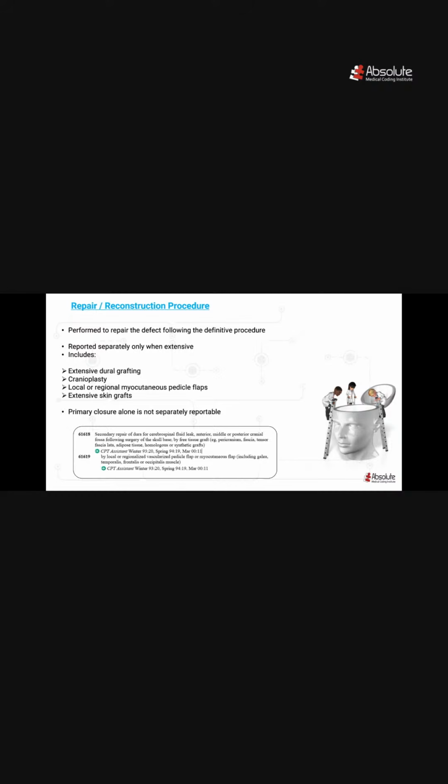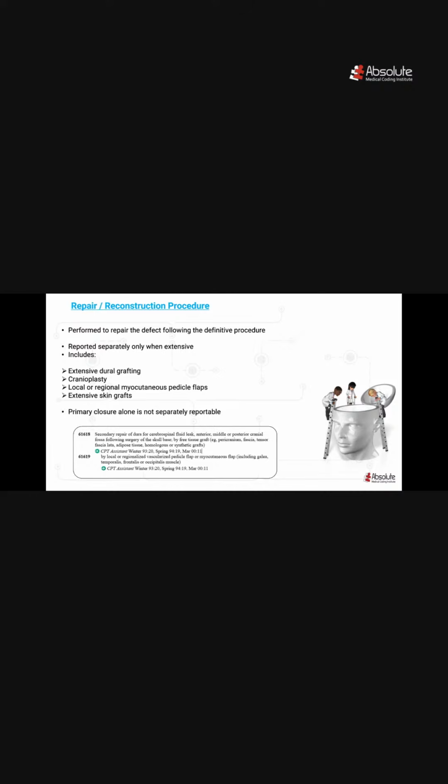And now we move to the final phase of skull base surgery, that is talking about the repair and reconstruction procedures. These procedures are performed to repair the defect that remains after a definitive procedure has been completed. So once a definitive procedure is completed, if there is any repair needed, that's where we code these CPT codes.